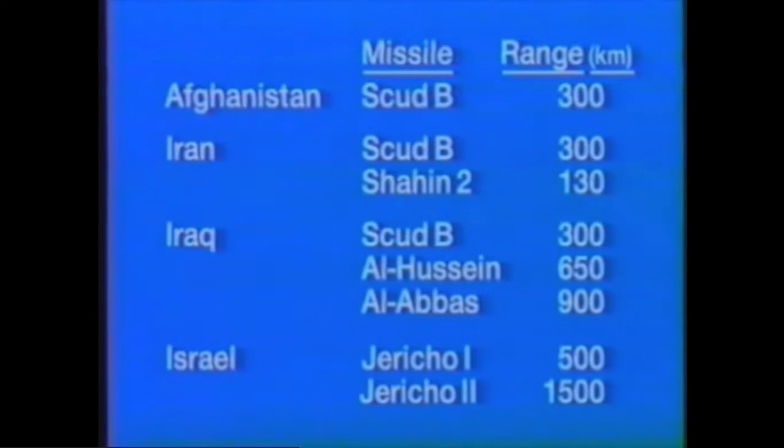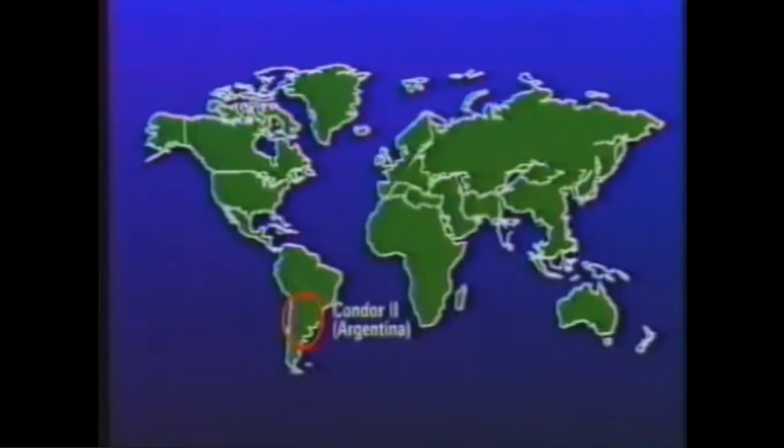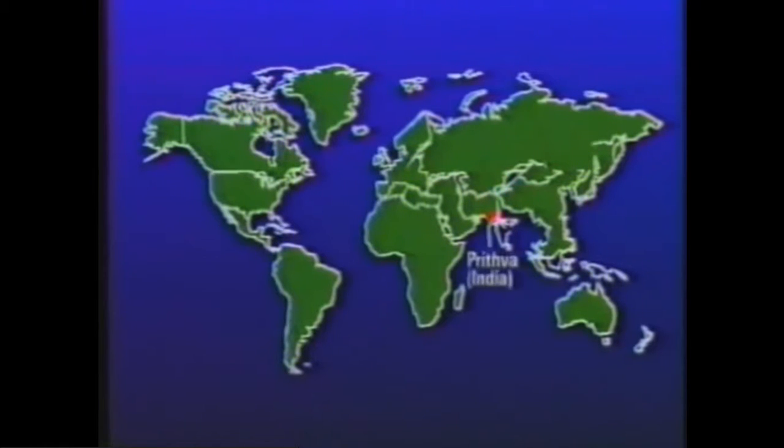Afghanistan, Iran, Iraq, Israel, Saudi Arabia, South Korea, Syria, and South Yemen have missiles in service with ranges up to 2,700 kilometers. Other countries are testing or developing missiles, from North Korea's 300-kilometer Scud-B to Iraq's Tamuz-1 with a range of 2,000 clicks. As you can see, these missiles reach well into Europe.